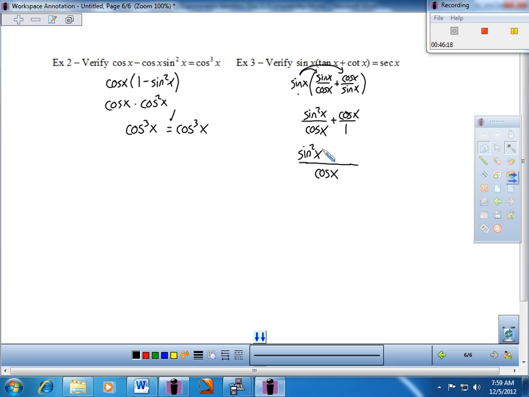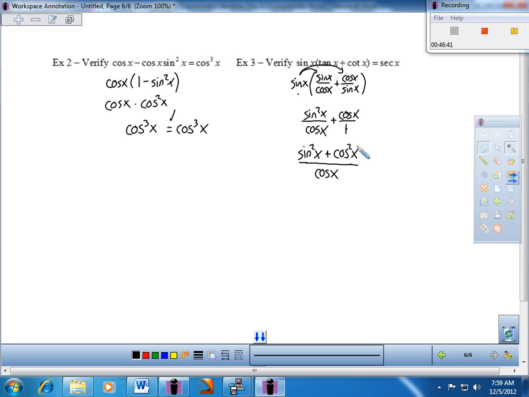So I get sine squared of x. Now everybody, how did the denominator change from here to here? It was 1, and now it's cosine of x. It looks like I multiplied this by cosine of x to get to here. So if I multiplied the denominator by cosine of x, what do I have to do to the numerator? I have to multiply by cosine of x. And I end up getting cosine squared.